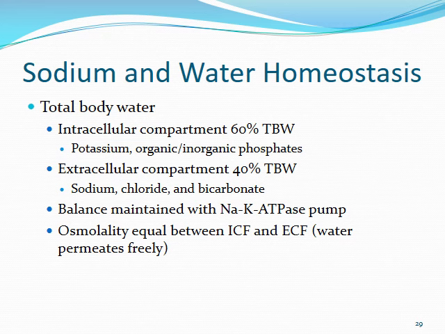A lot of the solutes that are holding water in the intracellular compartment are going to be things like potassium, organic and inorganic phosphates. That's all the solute that is keeping the water there. On the outside, though, in the extracellular compartment, which is around 40% of your total body water, you'll see things like sodium, chloride, and bicarbonate helping to keep that water volume there. So this is maintained with the help of that sodium potassium ATPase pump.